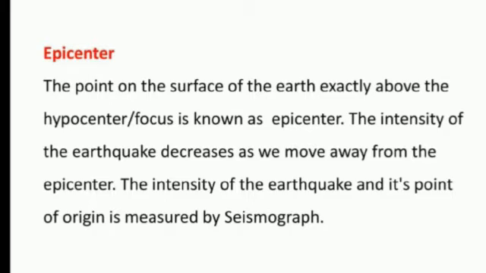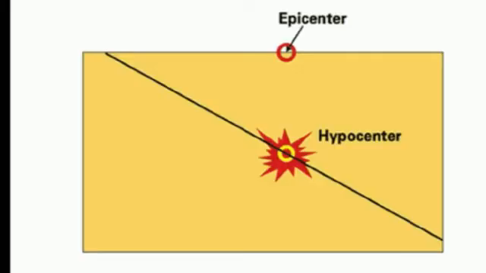Epicenter. The point on the surface of the earth exactly above the hypocenter or focus is known as the epicenter. So the vibrations of the earthquake actually start from the hypocenter and reach the epicenter, and from the epicenter they get spread to different locations.